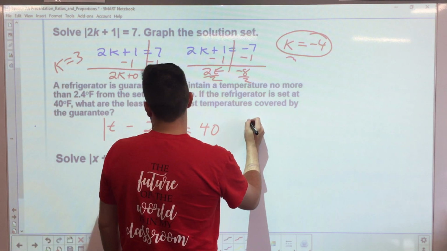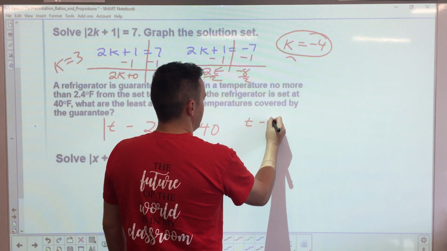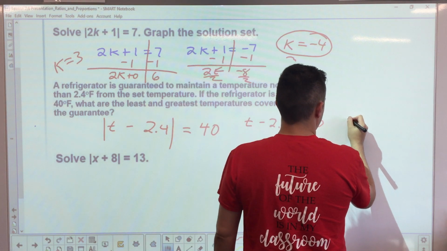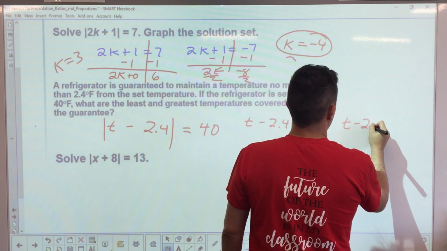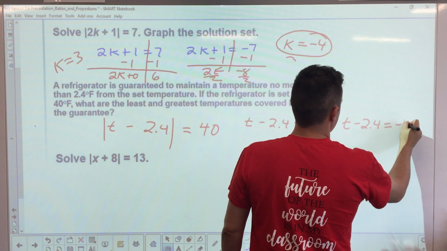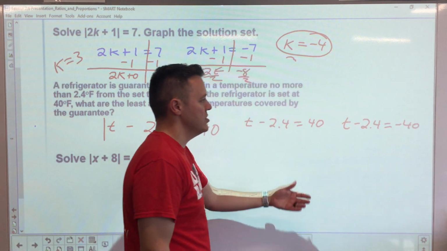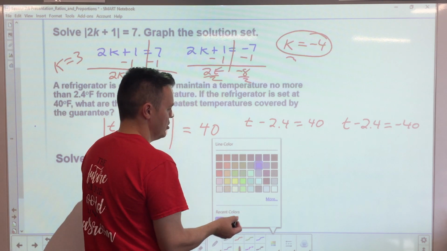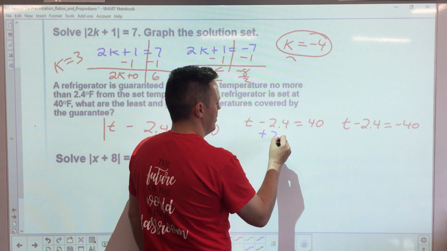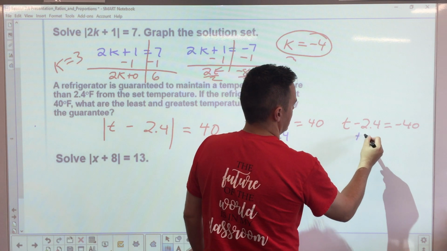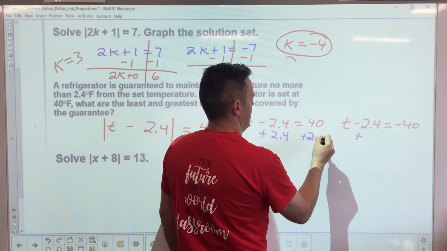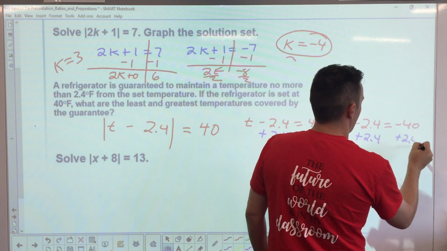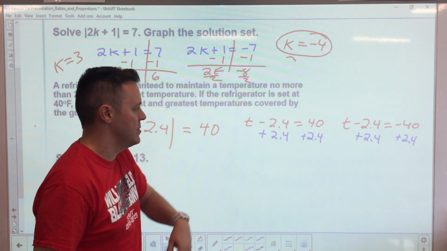So when you would solve for it, you would just put t minus 2.4 equals 40, and then it would be t minus 2.4 equals negative 40, okay? Then you just solve. So when you actually solve this up, make sure you add 2.4 to both sides. All right, and then when you do that, what do you get for your temperatures?